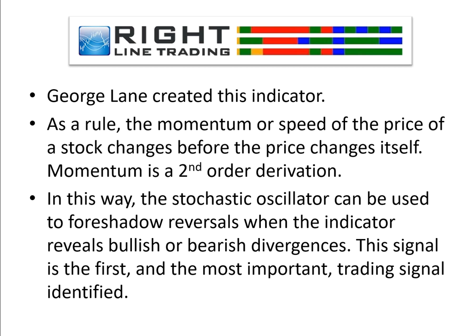Now, the first oscillator was created by George Lane, and what he did was he created stochastic. George Lane was really a brilliant mathematician. He used the oscillator only to trade divergence.